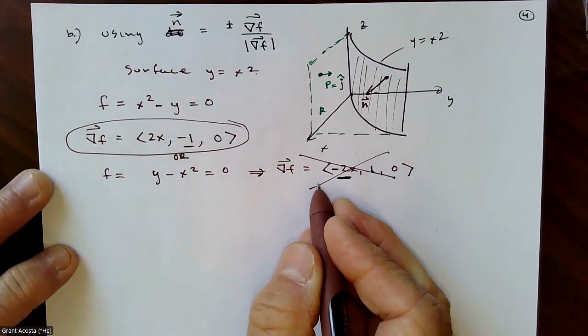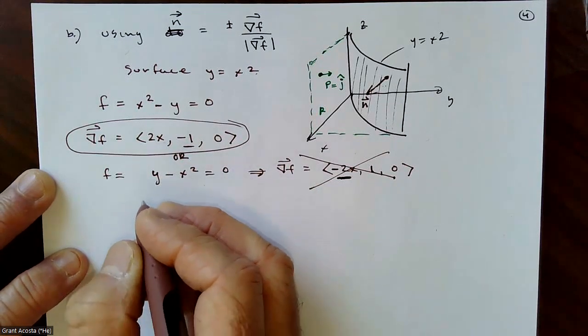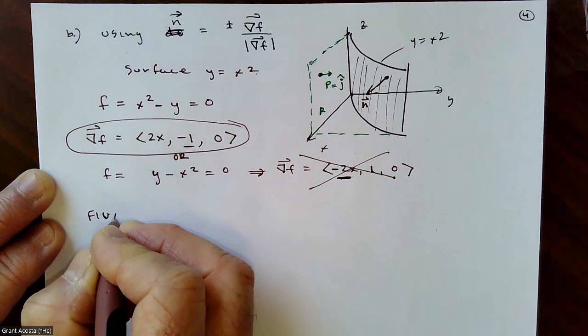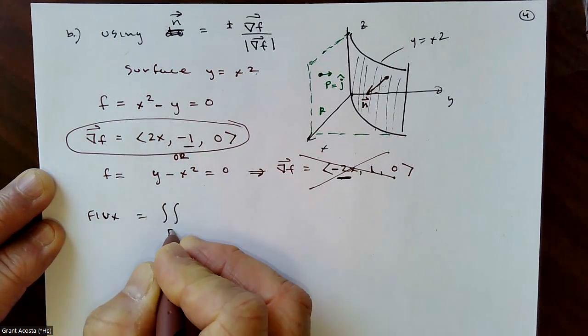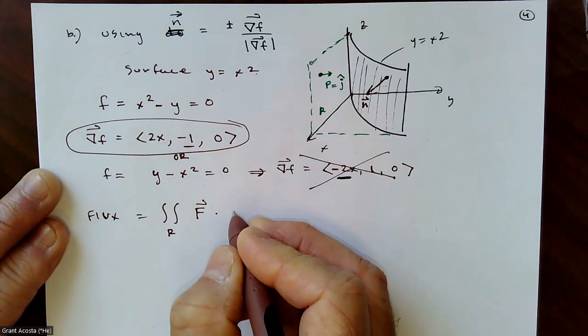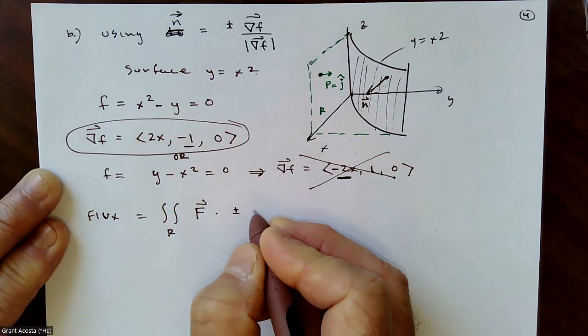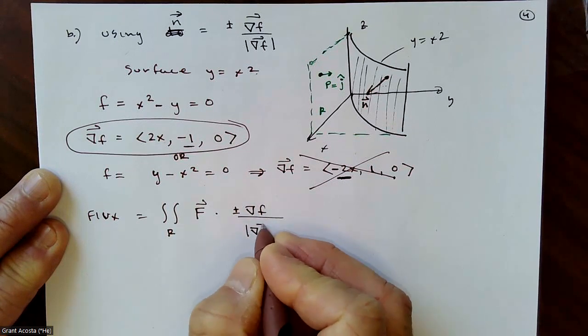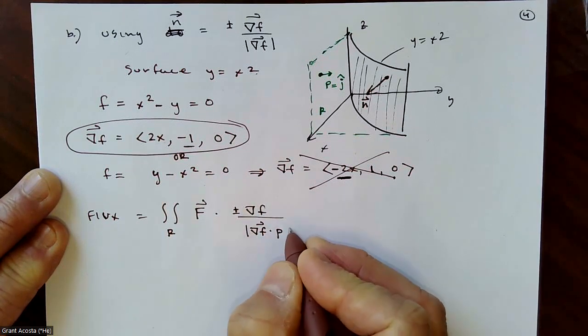Okay, so from here, this is my gradient. Remember my flux formula with this method is f dotted with plus or minus the gradient of f divided by the magnitude of the gradient of f dotted with p.